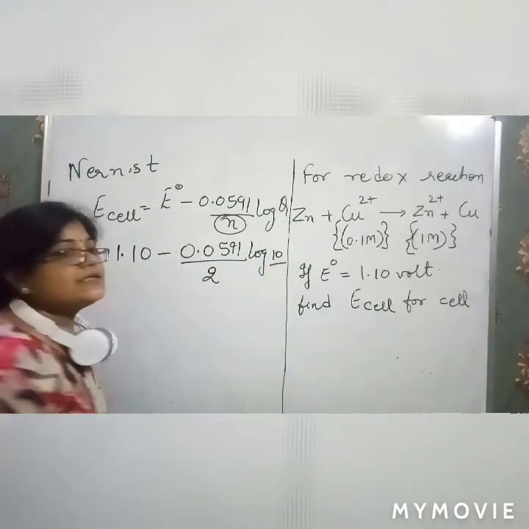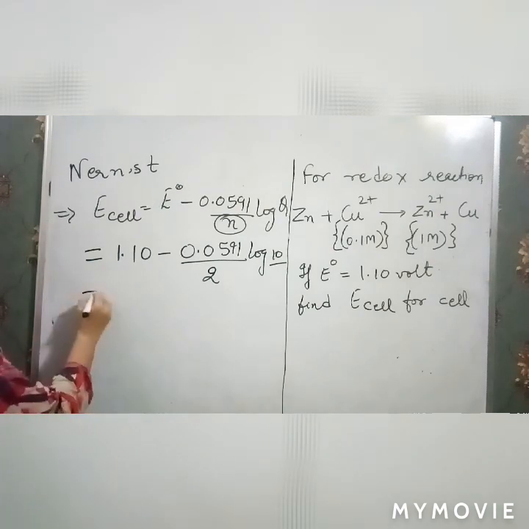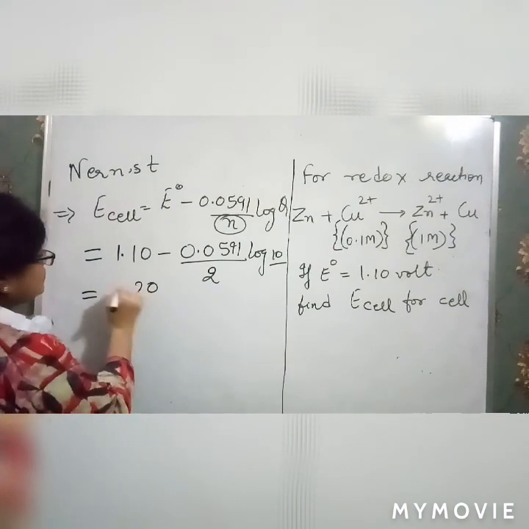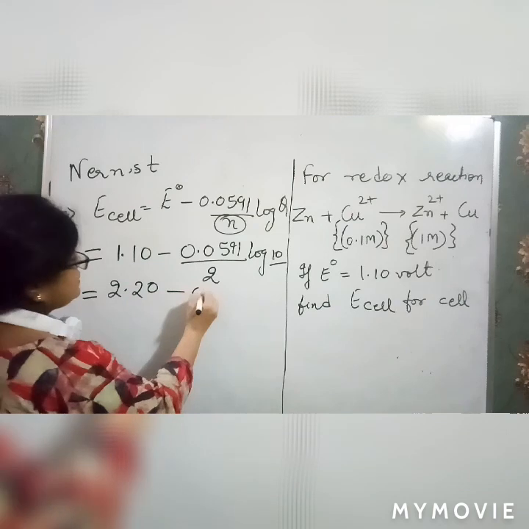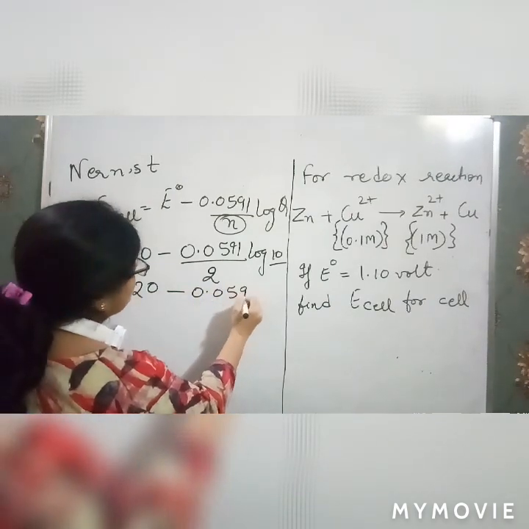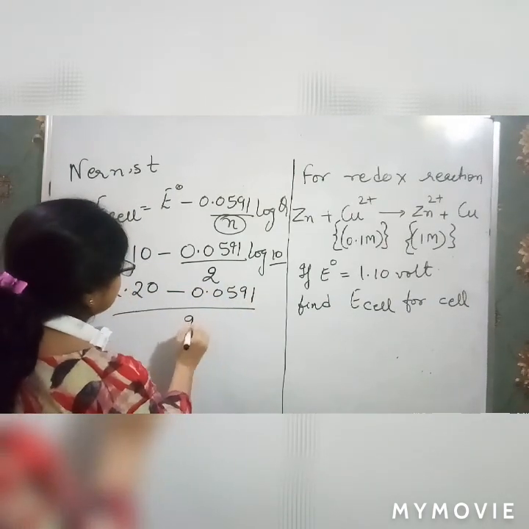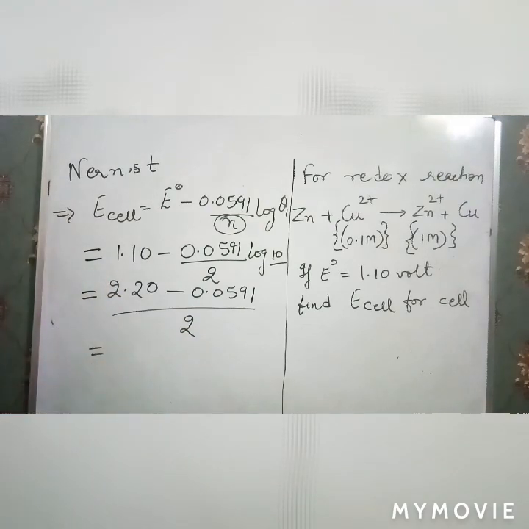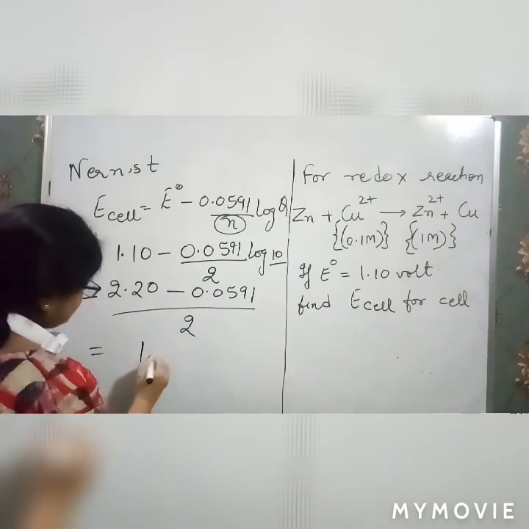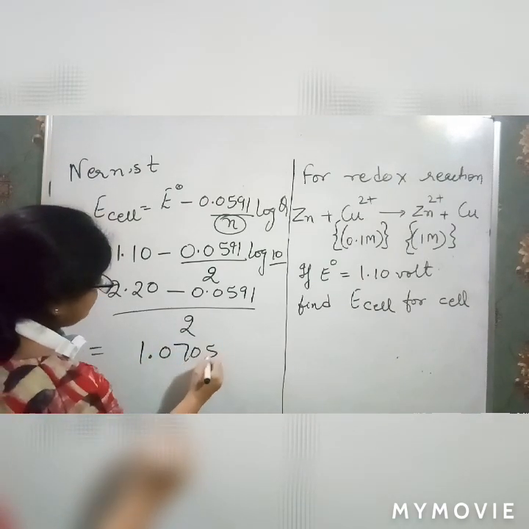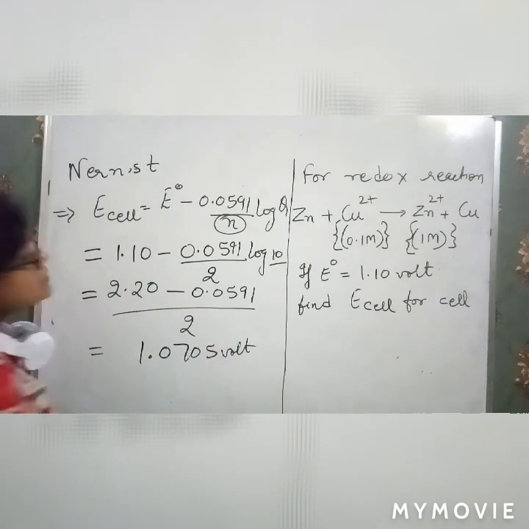The value of log 10, as we know, is 1. So just solve it: 0.0591 over 2, and tell me the answer. The answer of this is 1.0705 volt. Okay, and in this way we solve electrode potentials.